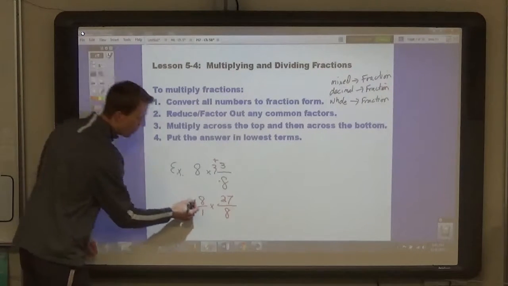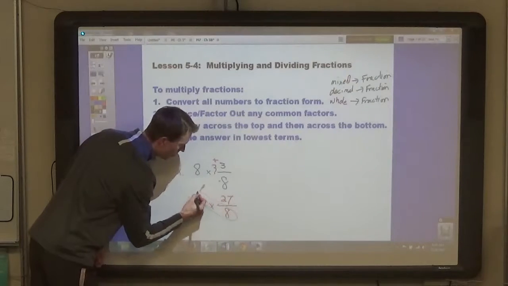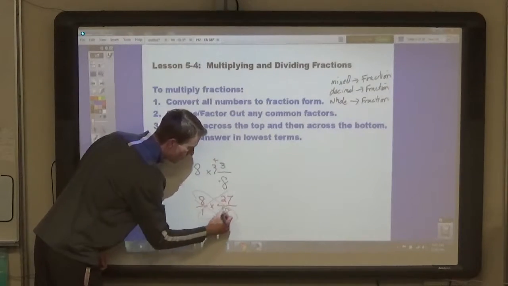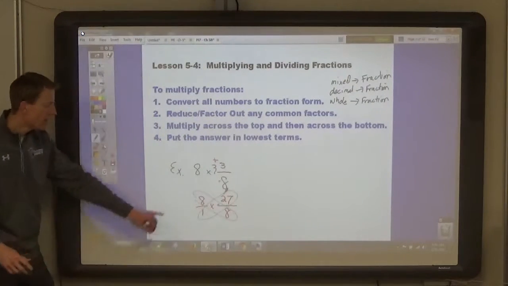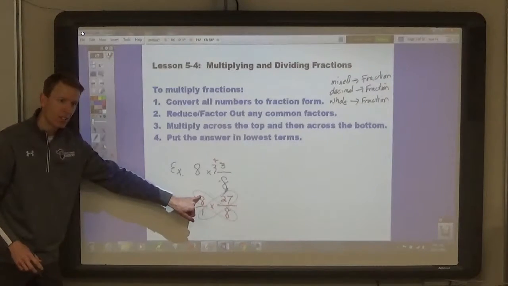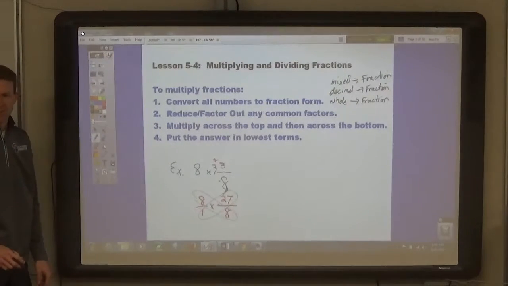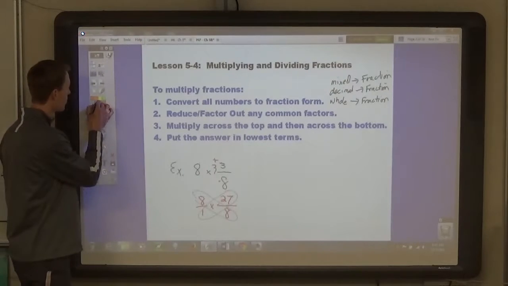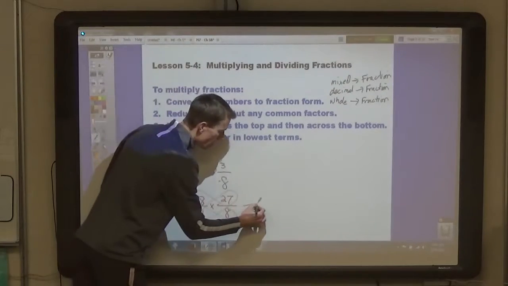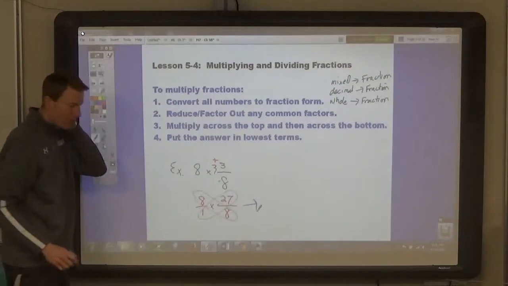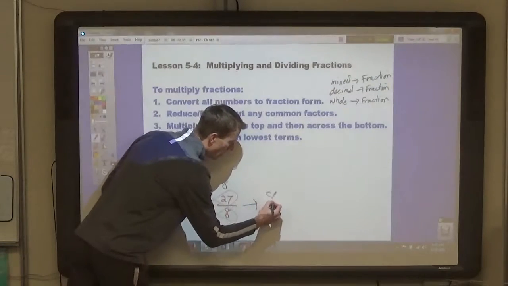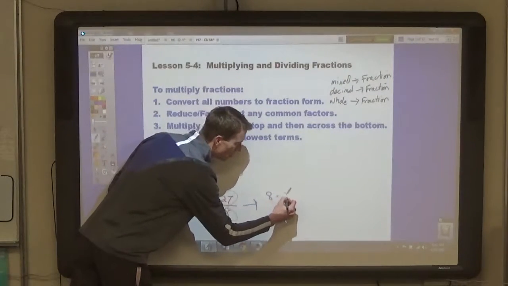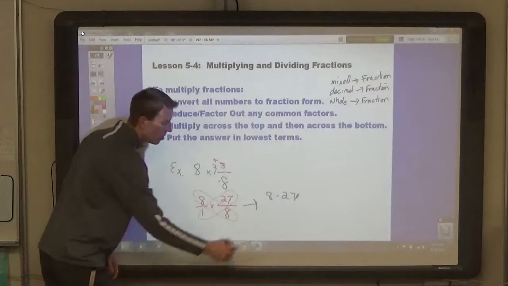Look at the top numbers and the bottom numbers. And you can see diagonally that you have 8 over 8. In other words, if we use the rules of math, we could write this as 8 times 27.